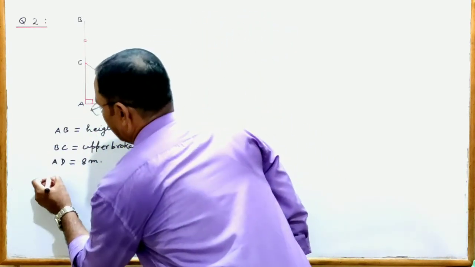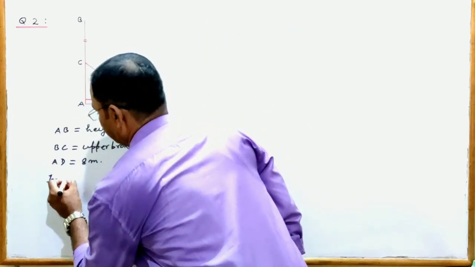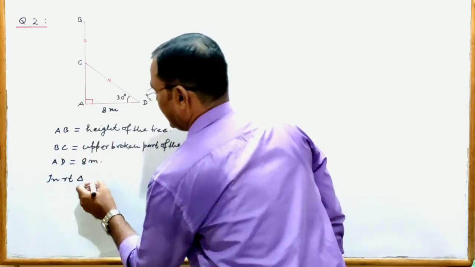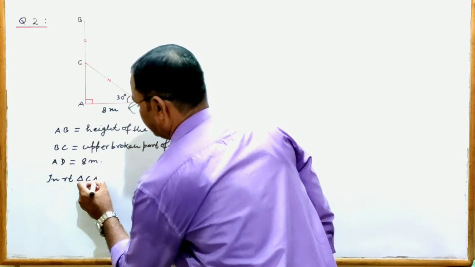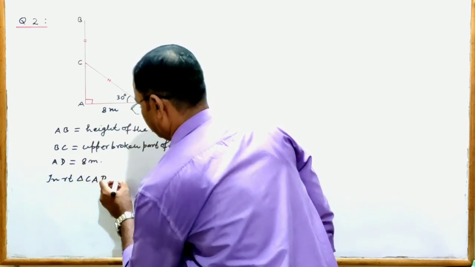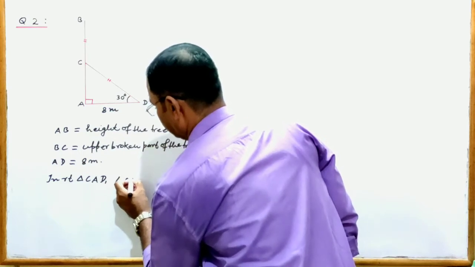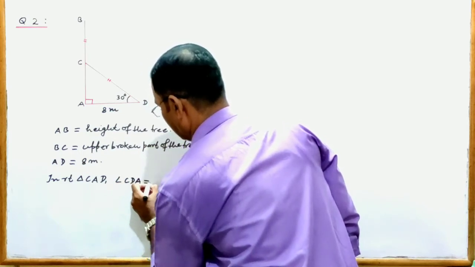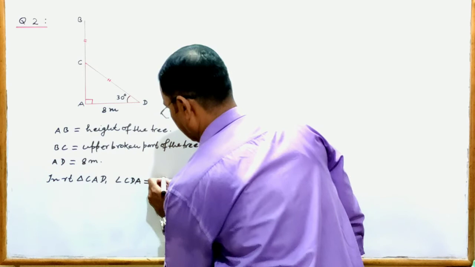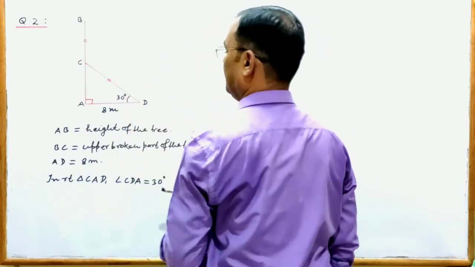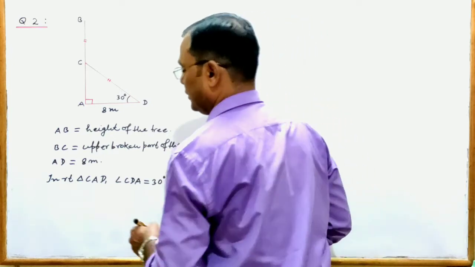In right triangle CAD, angle CDA is equal to 30 degrees, which is the angle of elevation of point C from point D on the ground.